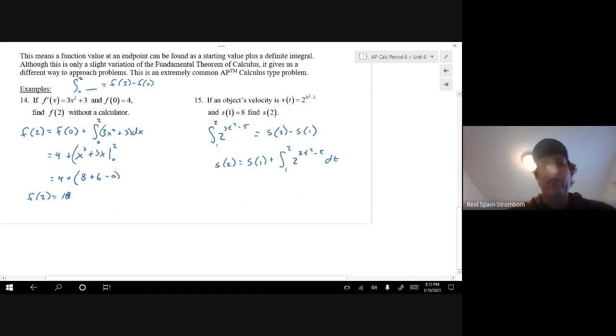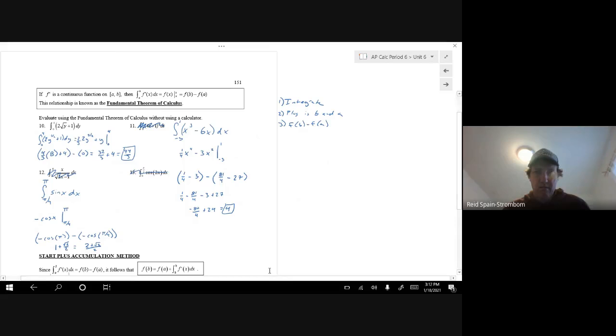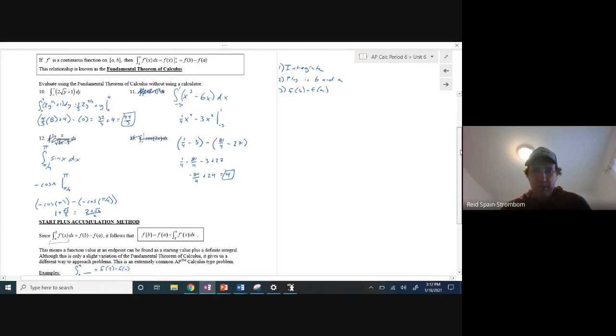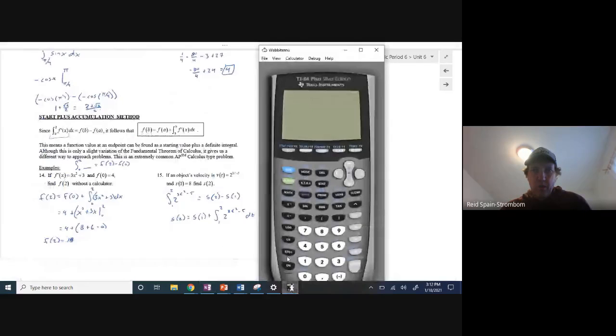And I'm just going to go ahead and punch that in on my calculator here. We'll do that as soon as my computer lets me. So I'm going to go down so we can see what we're doing. So we're going to go ahead and integrate this. And go back to this and say, well, s of 1 we know is 8 plus our integral. So we'll say math. Remember we hit math 9.